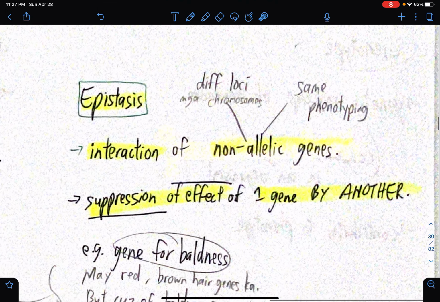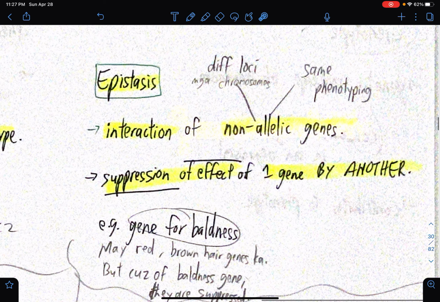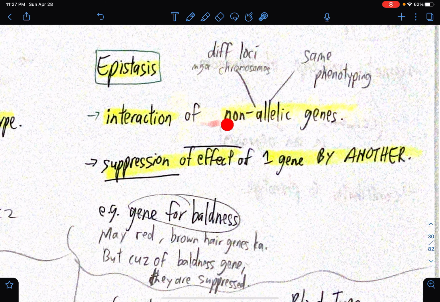So, how about epistasis? Epistasis is the interaction of non-allelic genes. What describes a gene that's not allelic? There are different loci; the chromosomes have different loci and they affect the same phenotype. That's what it means to describe a gene as non-allelic.